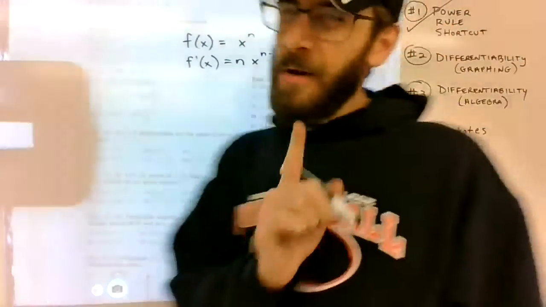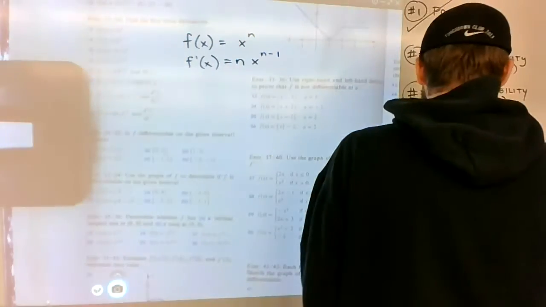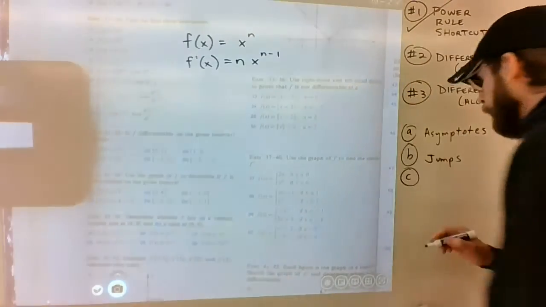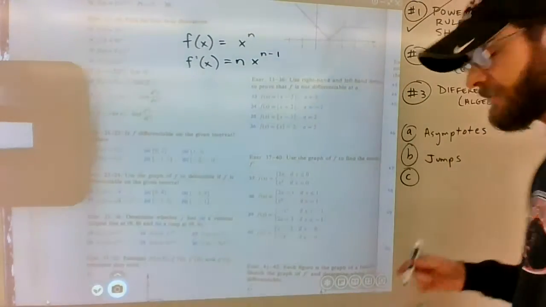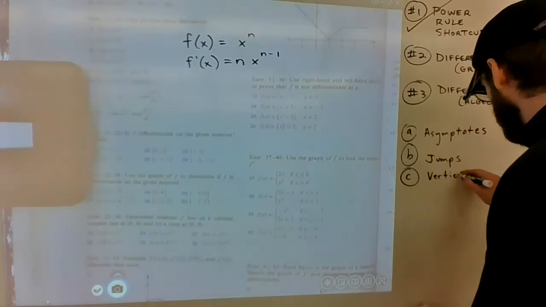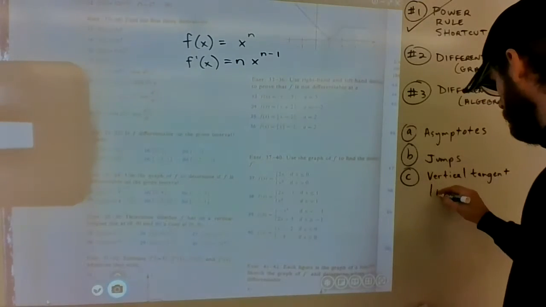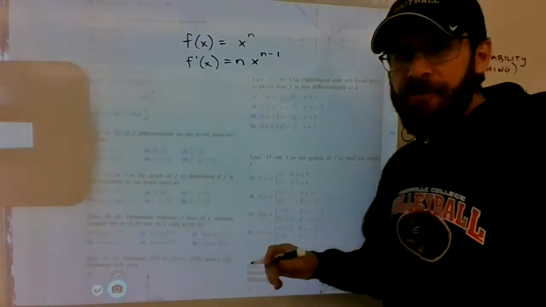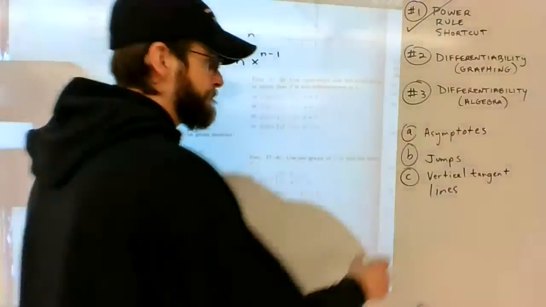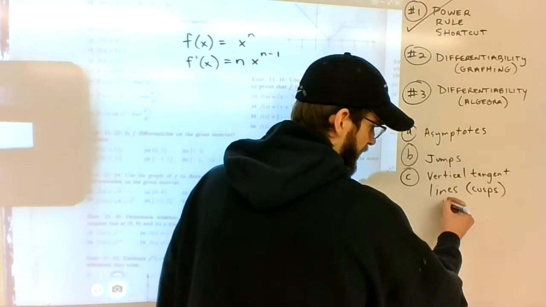Oh no, the holes in the graph weren't necessarily trouble, it was the jumps. We talked about vertical tangent lines, and how they happened at little things called cusps. They look kind of like this.